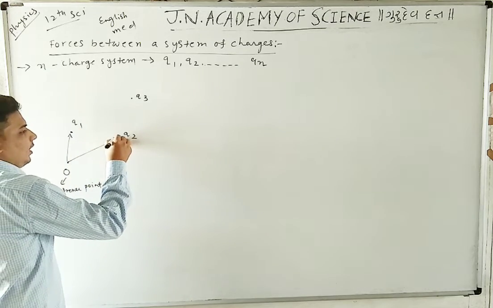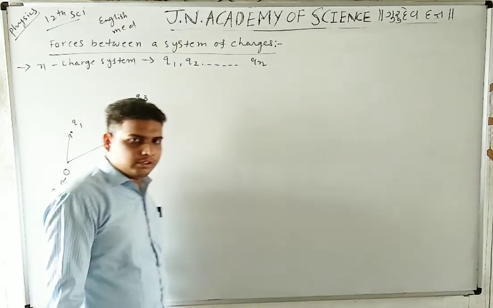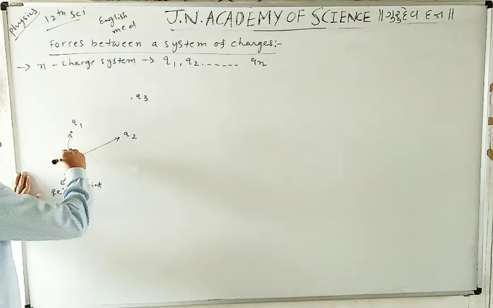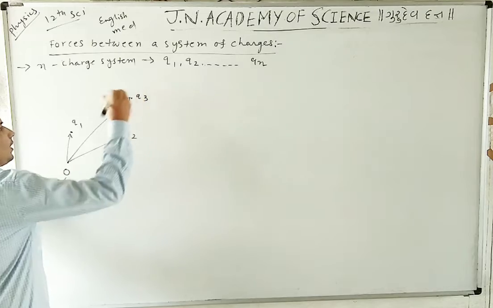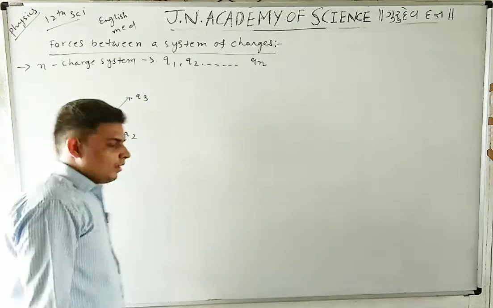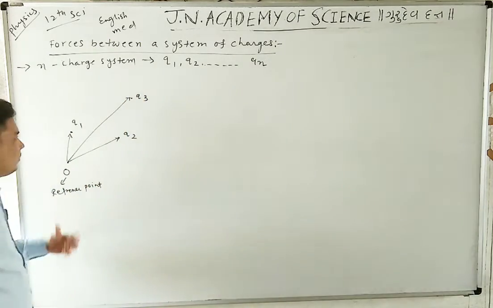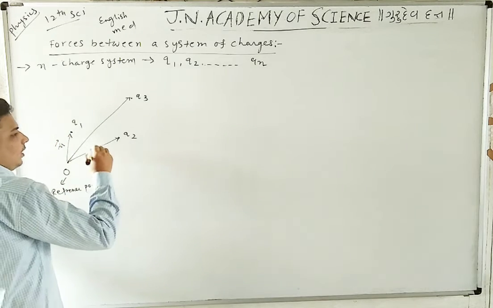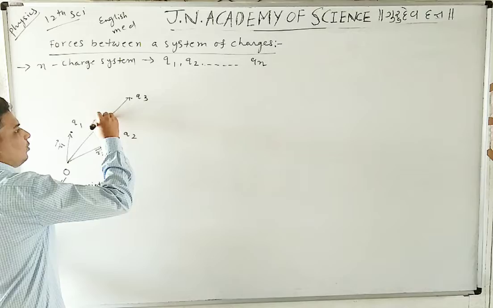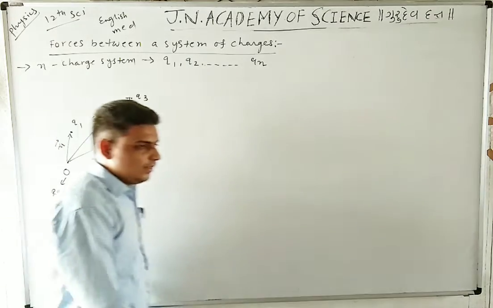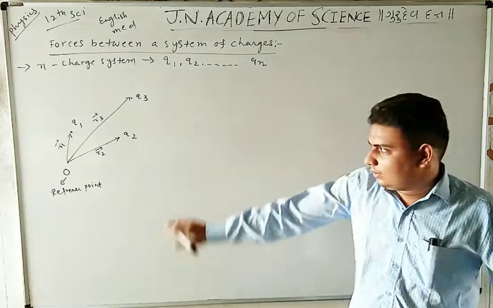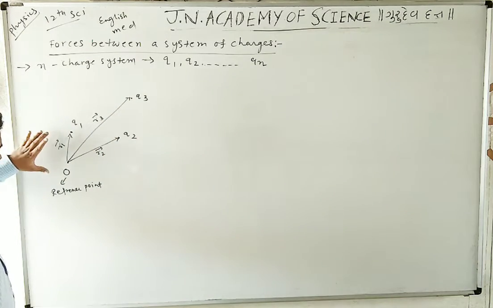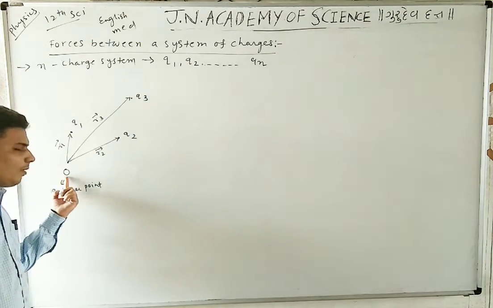We already did the vector form and scalar form of Coulomb's law. But for this we are applying the vector form of Coulomb's law, because with respect to the reference point you have different position vectors R1, R2, R3, which are nothing but distance vectors. Okay, so this is with respect to point O.